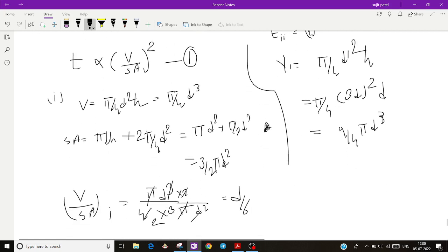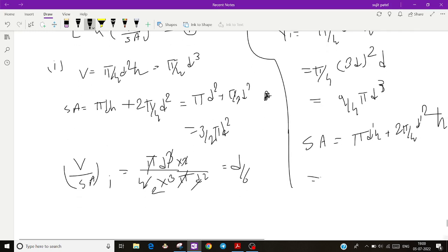And what is the surface area? Surface area will be pi d dash h plus 2 times pi by 4 d dash square. Here d dash is 3 times d, and h is again d. 2 times pi by 4, that is pi by 2, times 3d whole square, and h is equal to d.